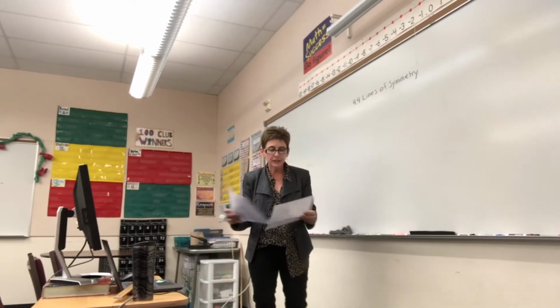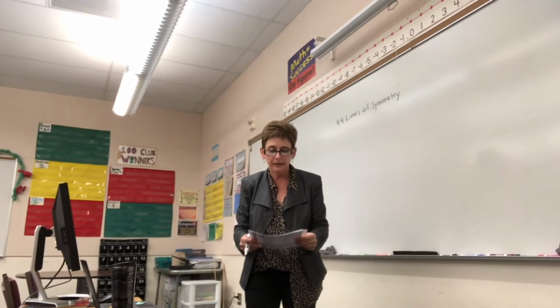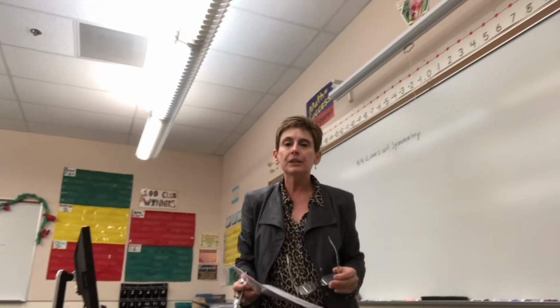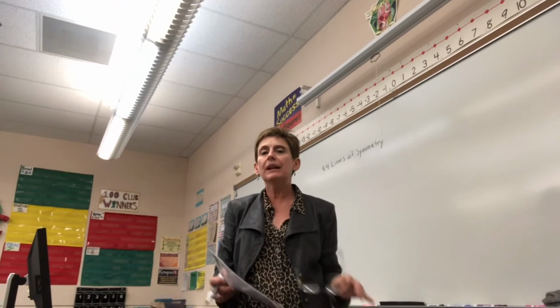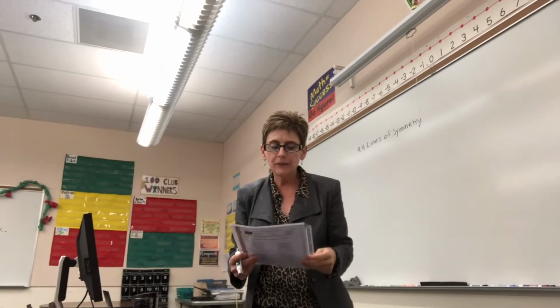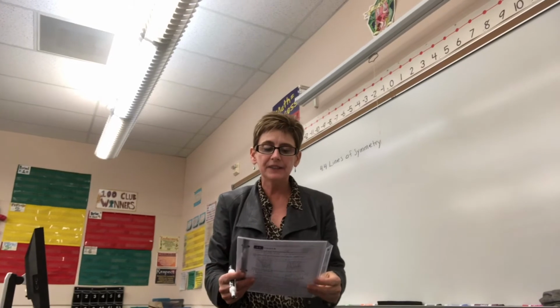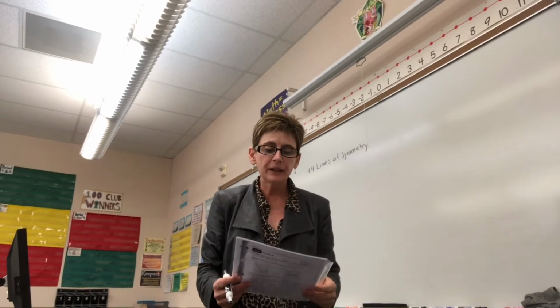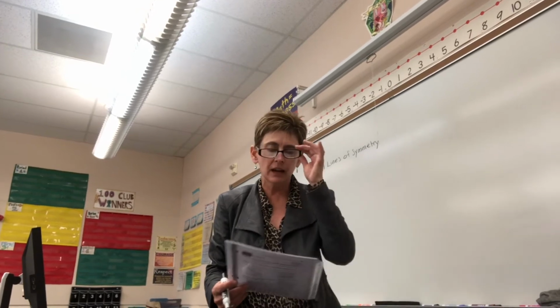So I'd like to read to you the definition of a line of symmetry. You do not need to write this down. All I'm going to need you to write down for your notes is the 3 examples. A figure in a plane has a line of symmetry when the figure can be mapped onto itself by a reflection in a line.